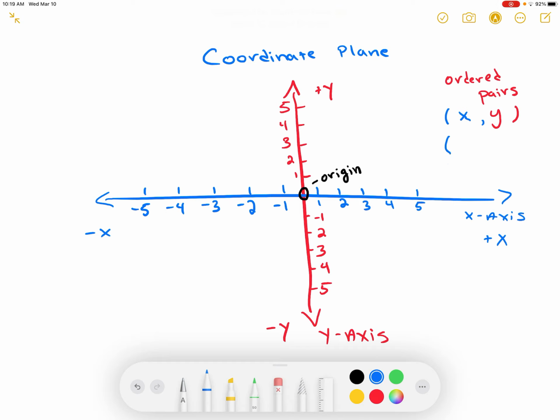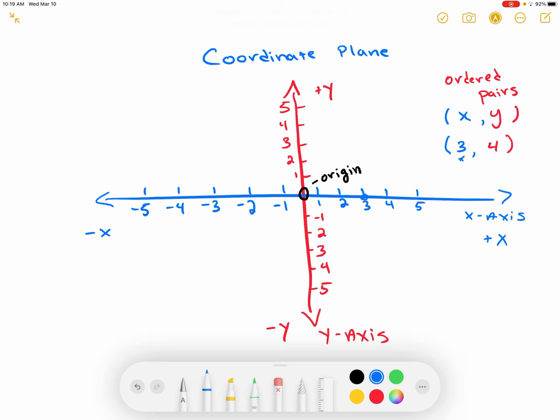So for example, if the x value is 3 and the y value is, let's go with 4, well, first you start and you find the number 3 on the x-axis. So I start at the origin and I go to the right 3. 1, 2, 3.